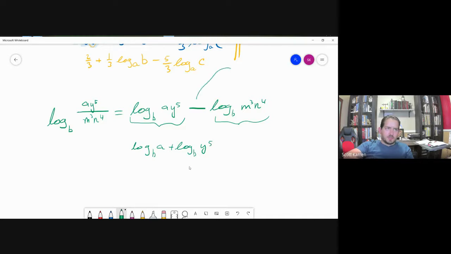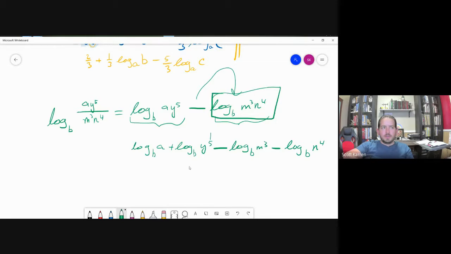And then be careful with this minus, because it applies to this entire log and anything that that log turns into. And so it's minus the log base b of m to the third, and also minus the log base b of n.